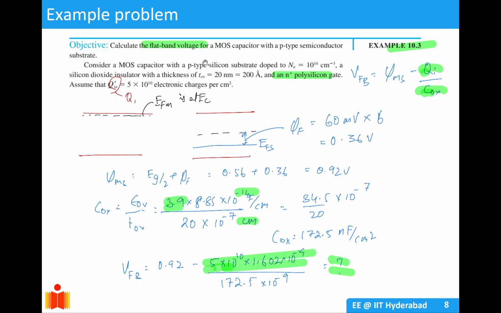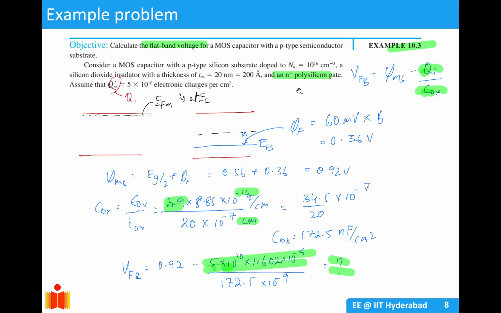So the electron affinity for the gate and the substrate is the same because both are silicon, and since it's n-type polysilicon, the Fermi level is at EC. So the Fermi level here is equal to your electron affinity.